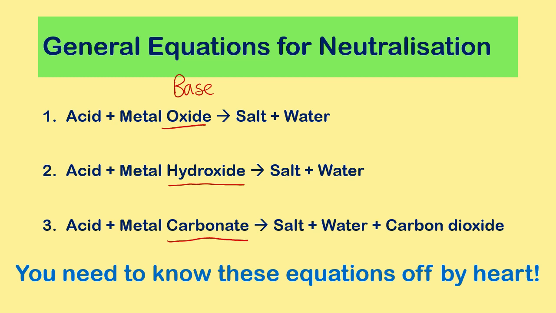When an acid reacts with a metal hydroxide, you get salt and water as well. When an acid reacts with a metal carbonate, you get salt, you get water, but because you have that carbonate, you also produce carbon dioxide gas. Now, in an exam, you cannot write the word salt. You will have to write a specific name, and we will get onto that later in the video.